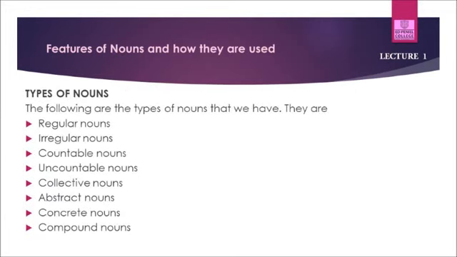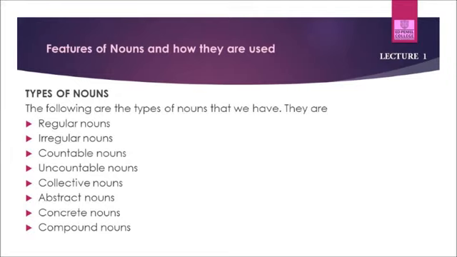Now, in our next lesson, we'll be looking at the various types of nouns at length. We have proper nouns, common nouns, regular nouns, irregular nouns, countable nouns, uncountable or non-count nouns, abstract nouns, concrete nouns, collective nouns, and compound nouns. It is good to know all these types, but so long as our course is concerned, our focus will be on how we are able to handle them effectively in our write-ups.